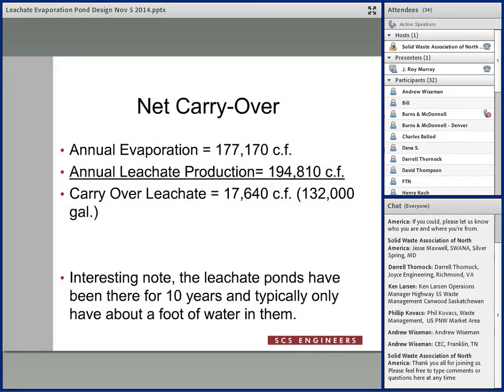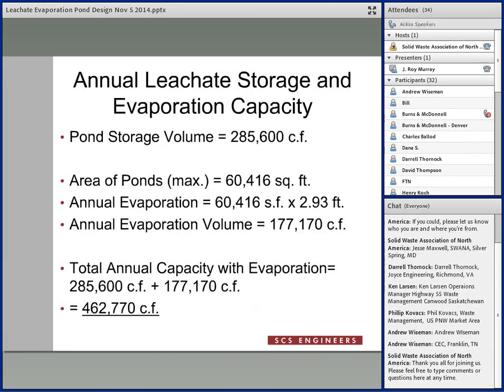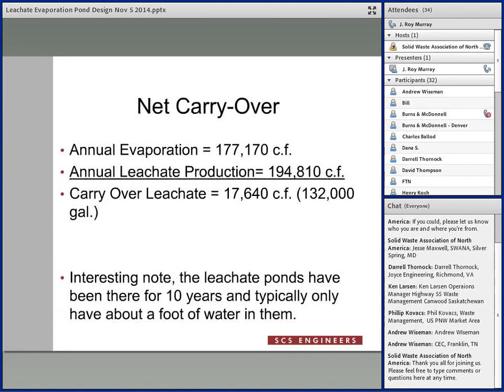So the 17,000 cubic feet, we would be able to store probably 15 years' worth of leachate in there before we reached its maximum operating capacity.